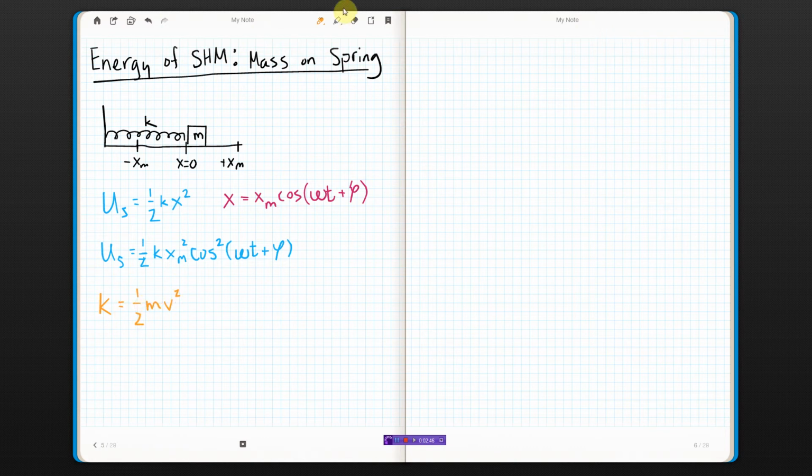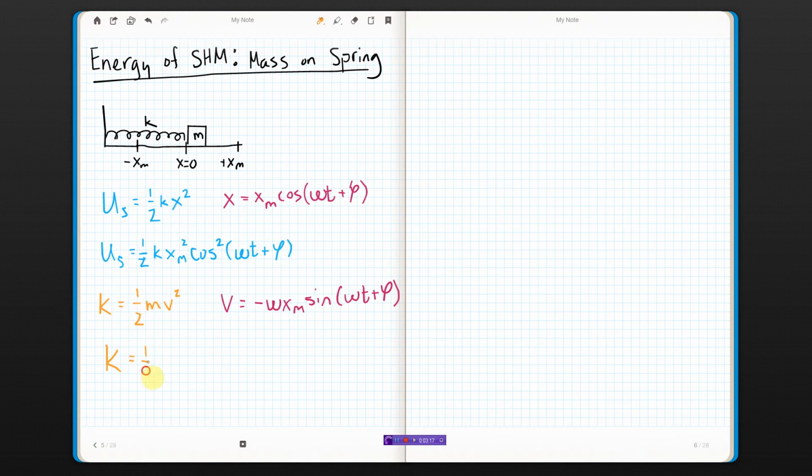But this time, for v, again, we have an equation, where v was negative omega xm sine omega t plus phi, which means I can put this v in for that v, and I will get a time function for the kinetic energy of the block.